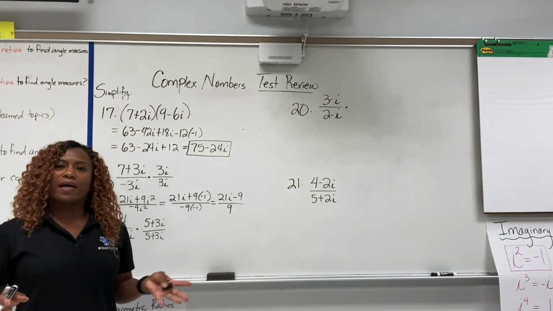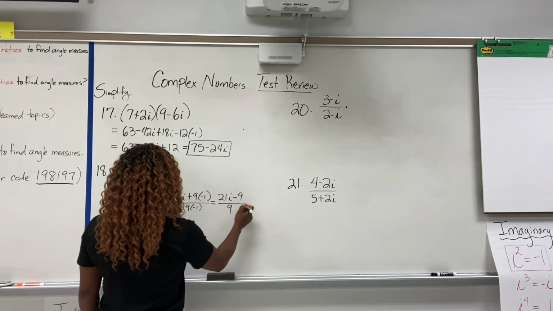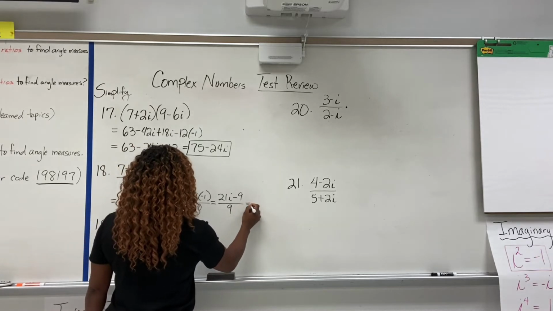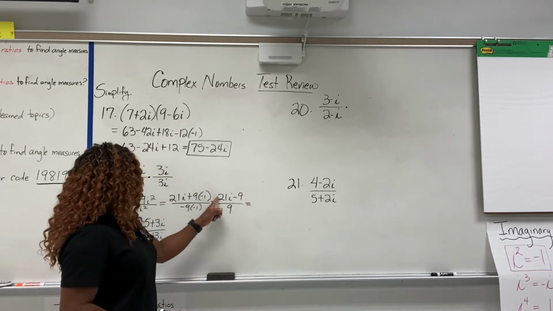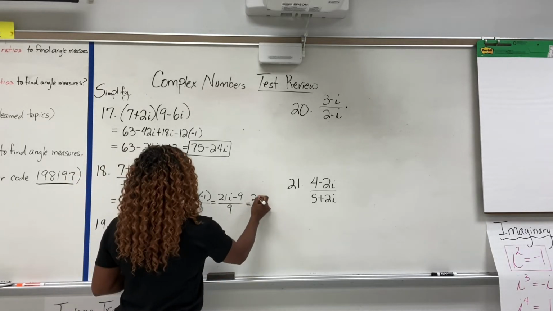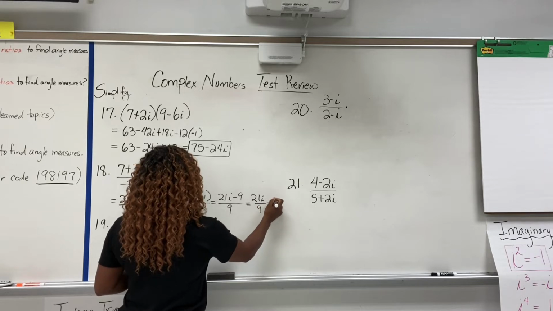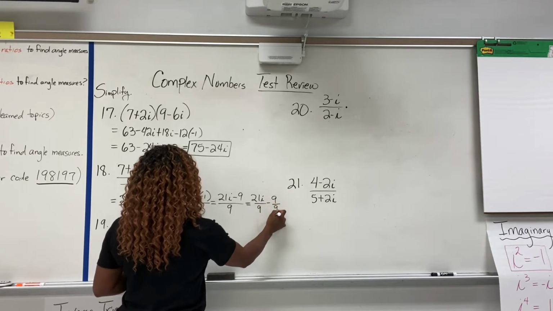However, we're going to rewrite it because we want it to look like a complex number. So I'm going to literally rewrite the numerator and give each term the common denominator. What do I mean by that? 21i over 9 minus 9 over 9.